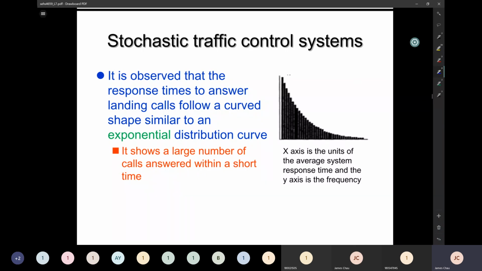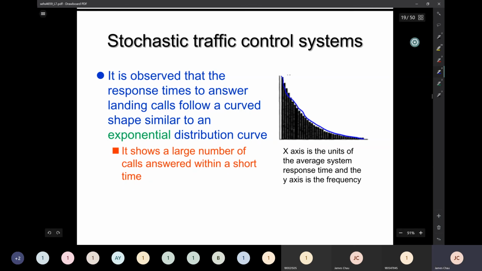When we talk about probability, we rely on the probability distribution, and we can count the number of car calls and also the service time to make a graph like this one.